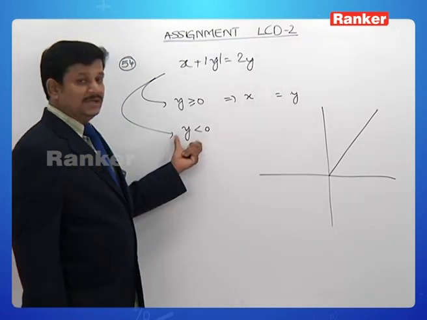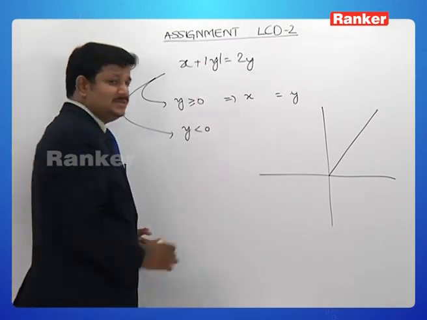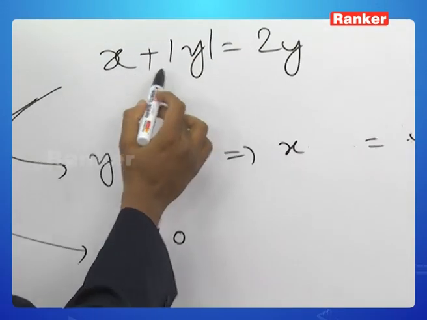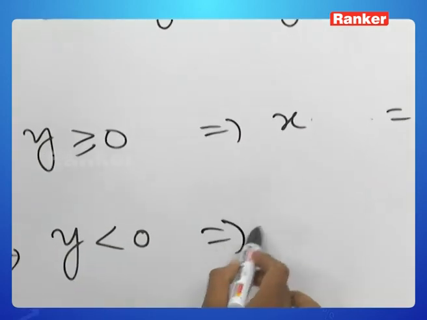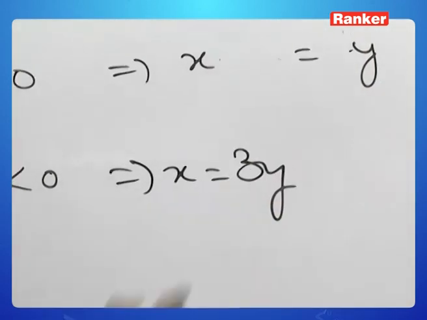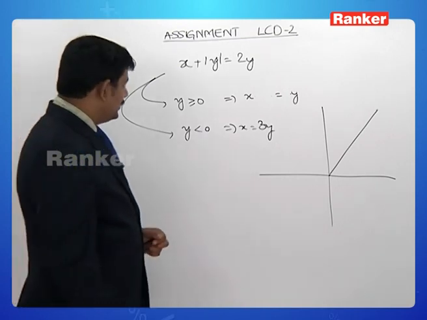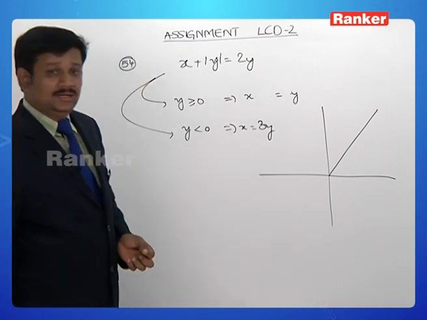Let us look at the next case where y is less than 0. If y is less than 0, mod y is minus y, then we will have x minus y is equal to 2y, or x equal to 3y. And if y is negative, automatically x will also be negative. So whenever x is negative, y is given by x by 3.